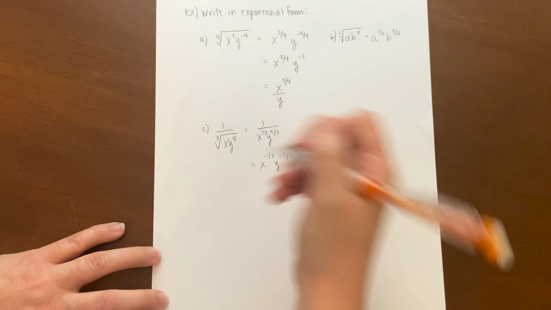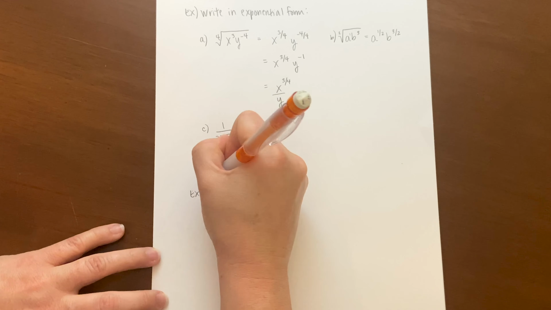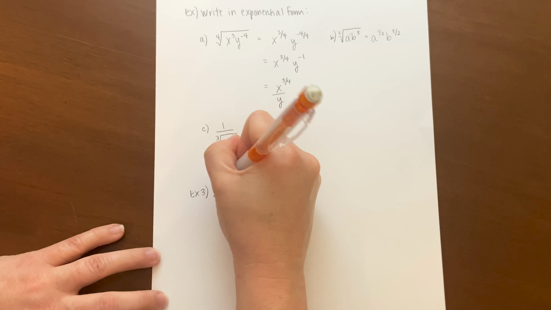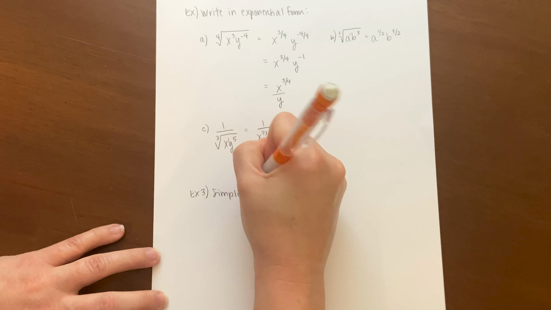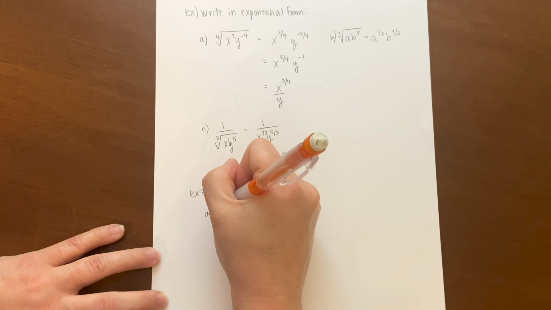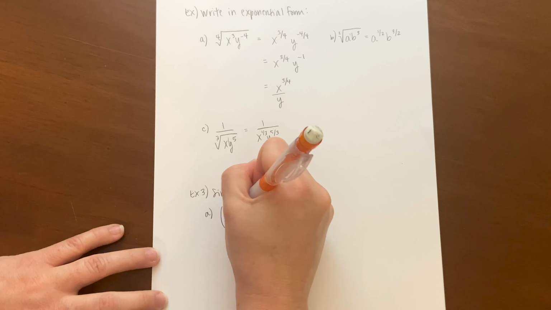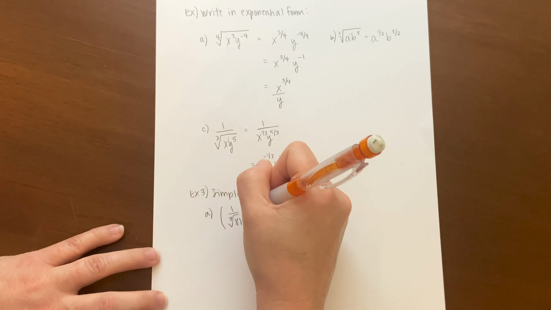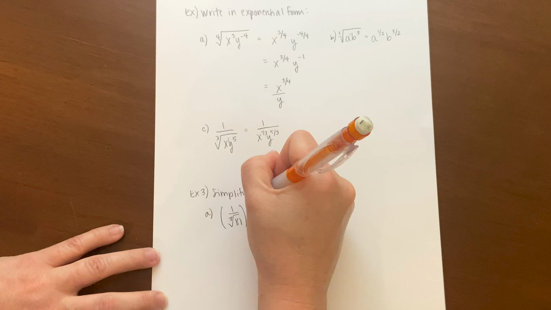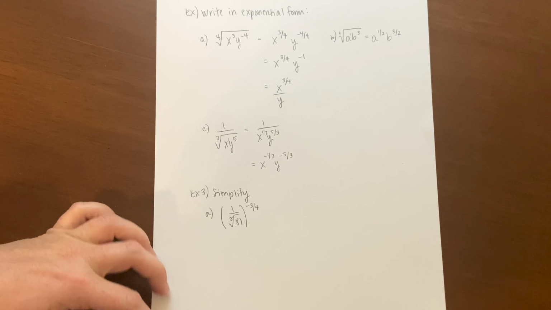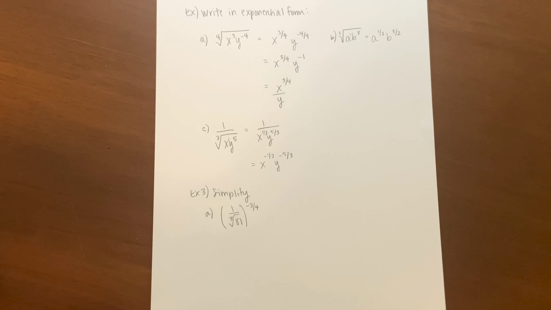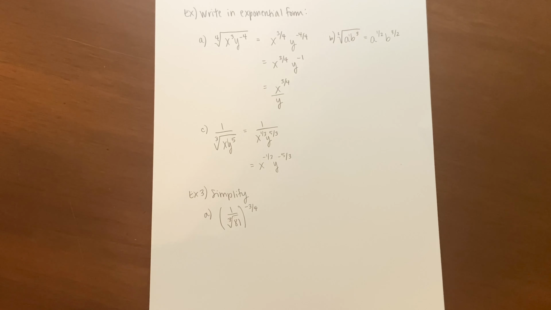So if we do our first one here, if we have the quantity of 1 over the cube root of 81 raised to the -3/4 power. All right, if you try doing the cube root of 81 on your calculator, it's going to give you a decimal. It's not a perfect cube, so we can't just take the cube root of 81. So we're going to work on rearranging this a little bit.